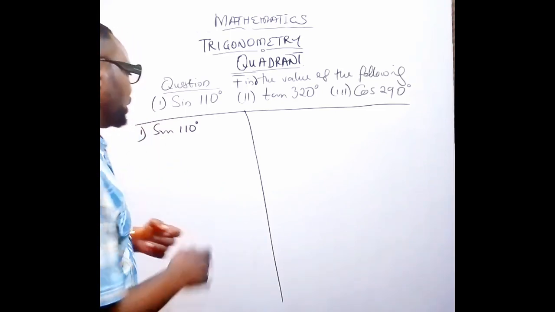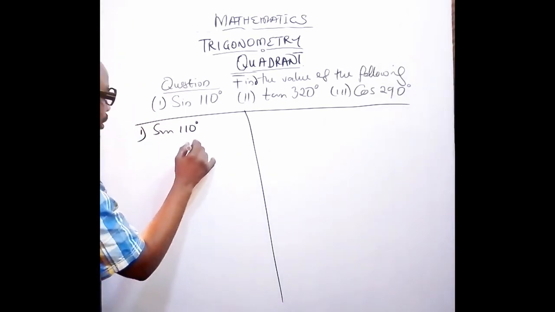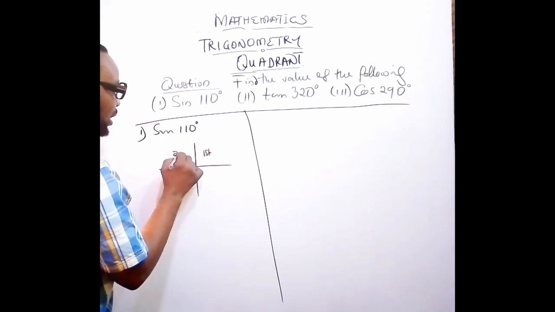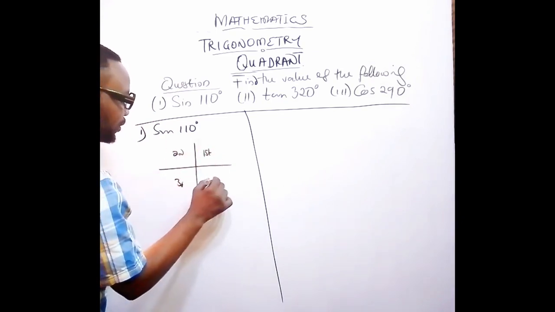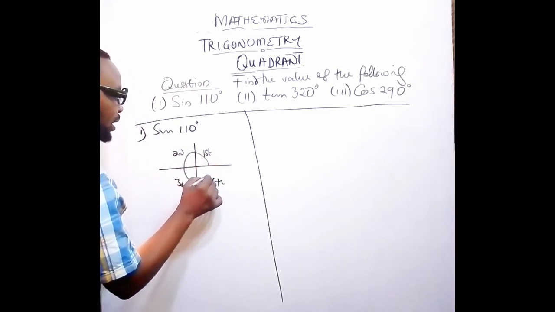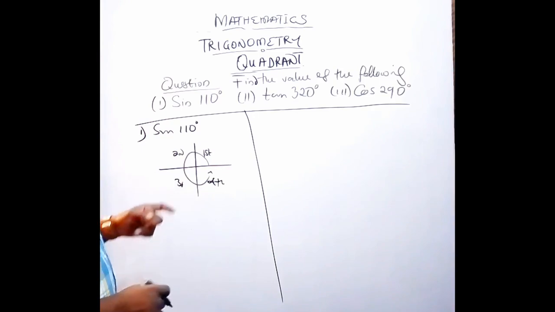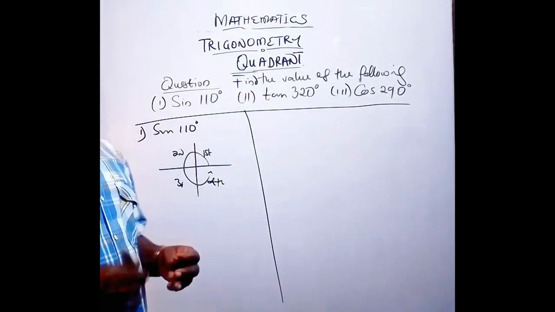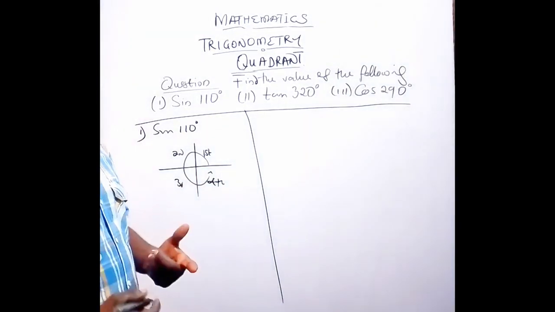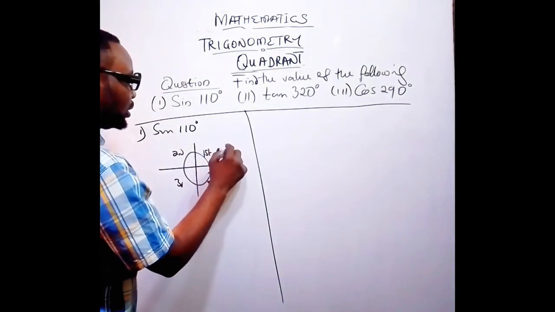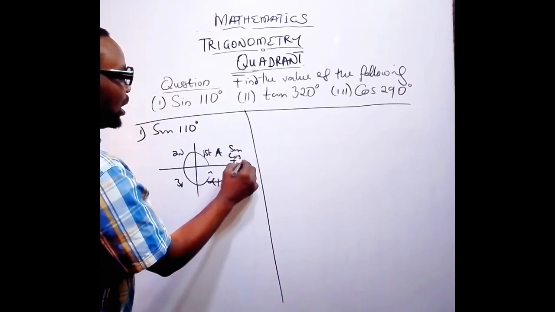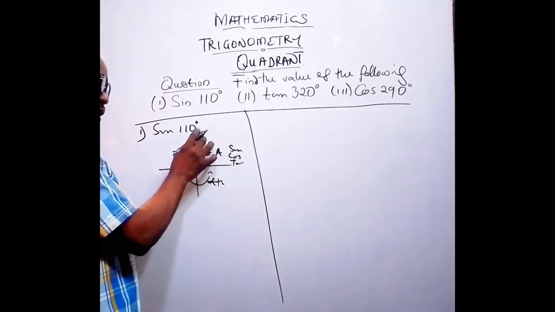trigonometric functions. Now, you have the quadrant like this, which this is the first, this is the second, this is the third quadrant, and this is the fourth quadrant. It moves in anti-clockwise direction like this. Now, in terms of those that have a positive sign among the trigonometric functions, we have all the sine, cosine, and tangent positive at the first quadrant.